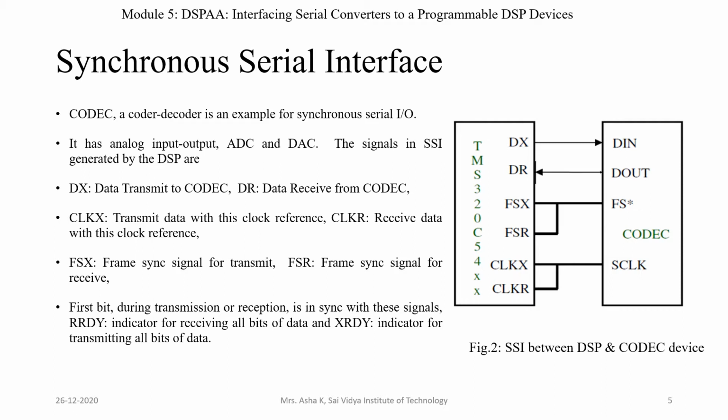The first bit during transmission or reception is always synchronous with these signals. We have R ready, the indicator for receiving all bits of data, and X ready, the indicator for transmitting all bits of data.